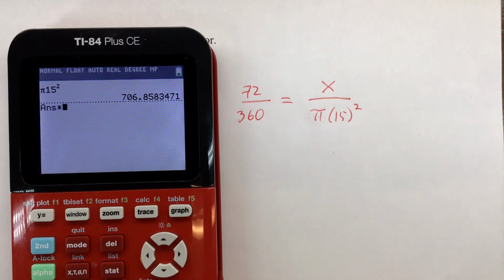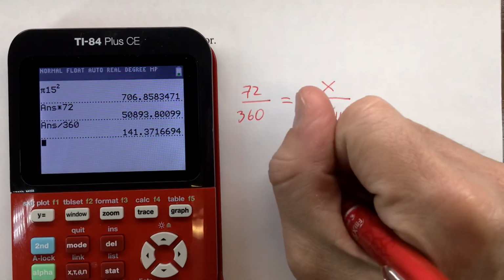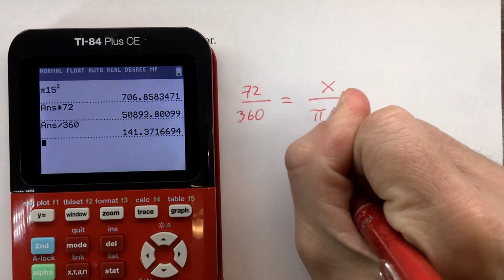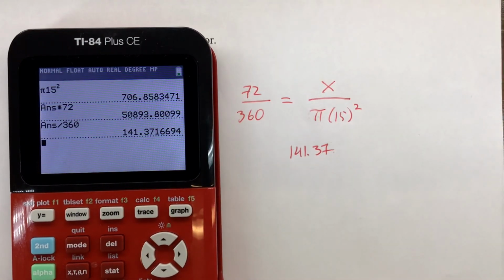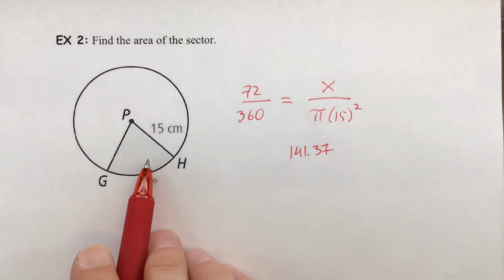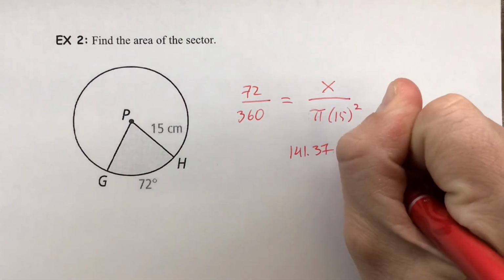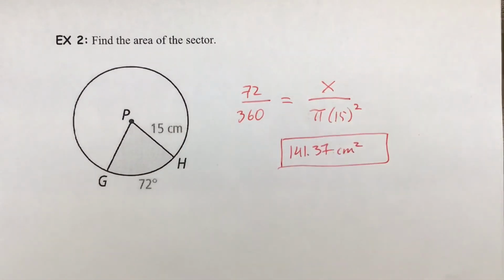We're going to multiply that by 72, then divide it by 360, and 141.37 will be the area of the sector. And that'll be in centimeters squared.